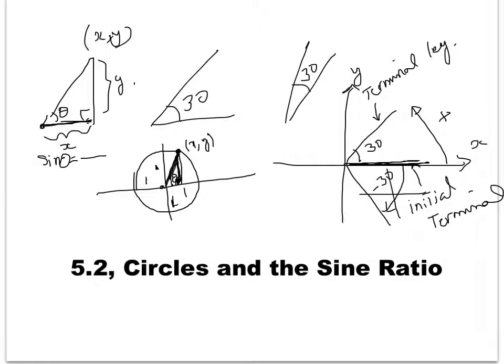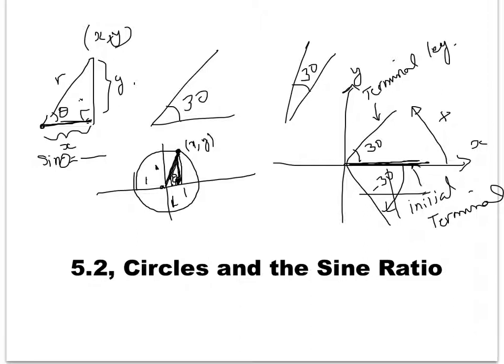What is sine theta in this triangle? I want the sine of angle theta. What is the definition of sine? Opposite over hypotenuse. Now, if the hypotenuse here is r, I call it r.